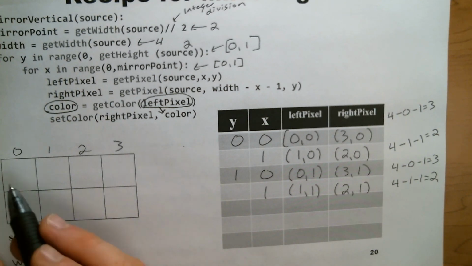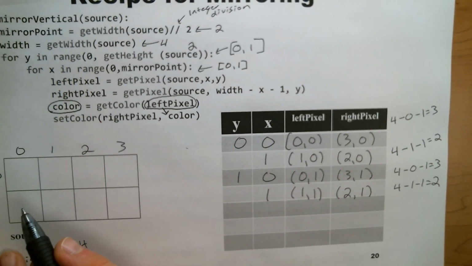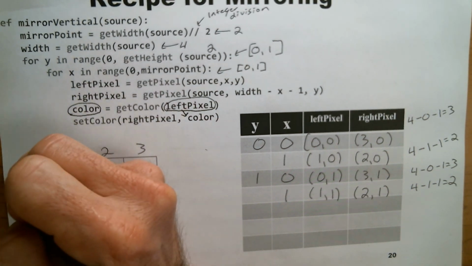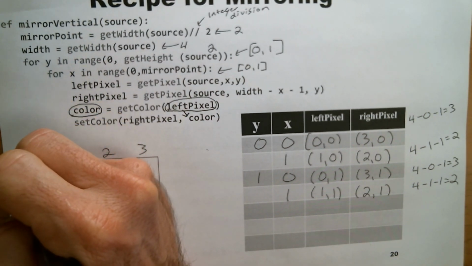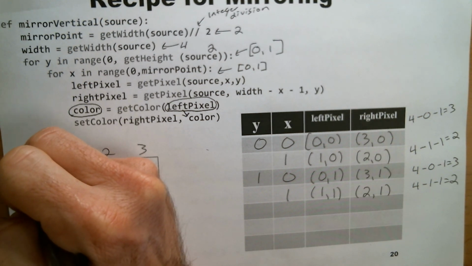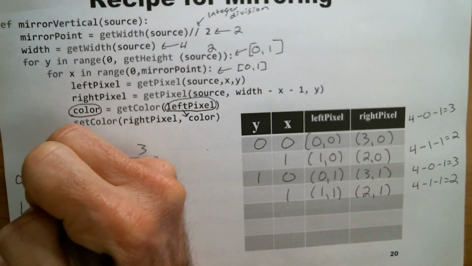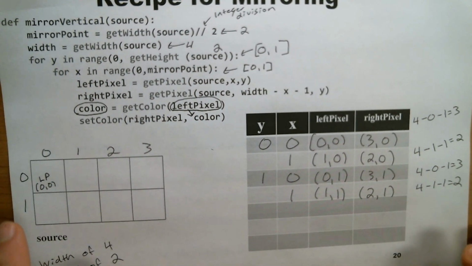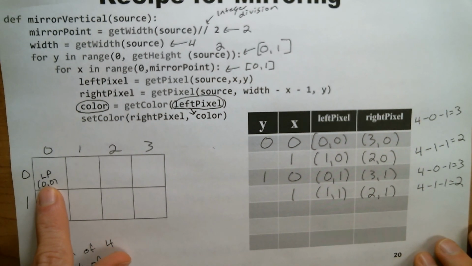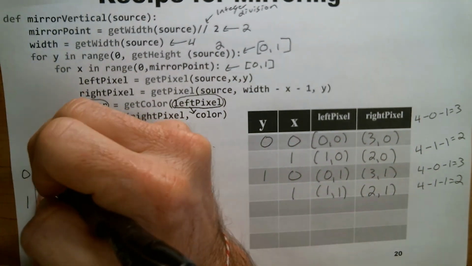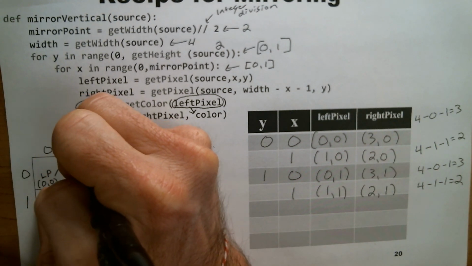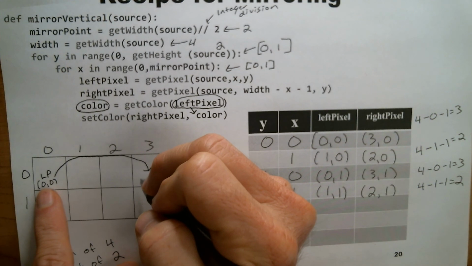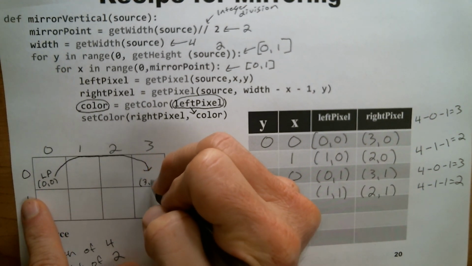So let's actually go down here so that you can see what's happening. Left pixel at the very start was 0, 0. The very first time we had 0, 0. This was our left pixel. We're retrieving the color of this pixel, and then we're setting it to right pixel, which the very first time through the loop was 3, 0.